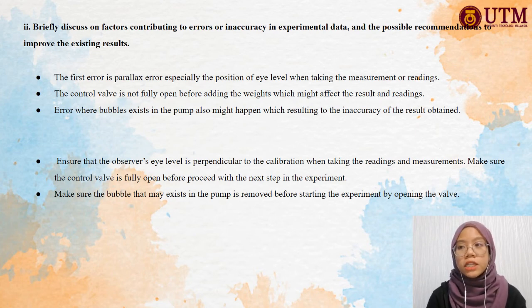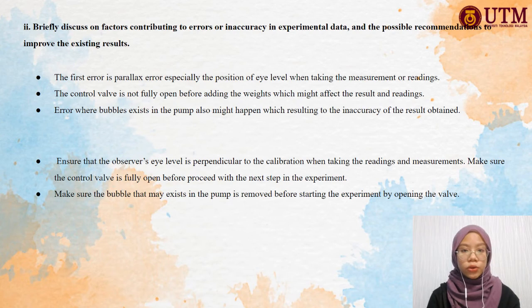The second one is the control valve not being fully open before adding the weights, which might affect the results and readings. This will also affect the velocity of the water, where it might be less than the actual value. The third one is bubbles existing in the pump, which might also happen and result in inaccuracy of the results obtained.